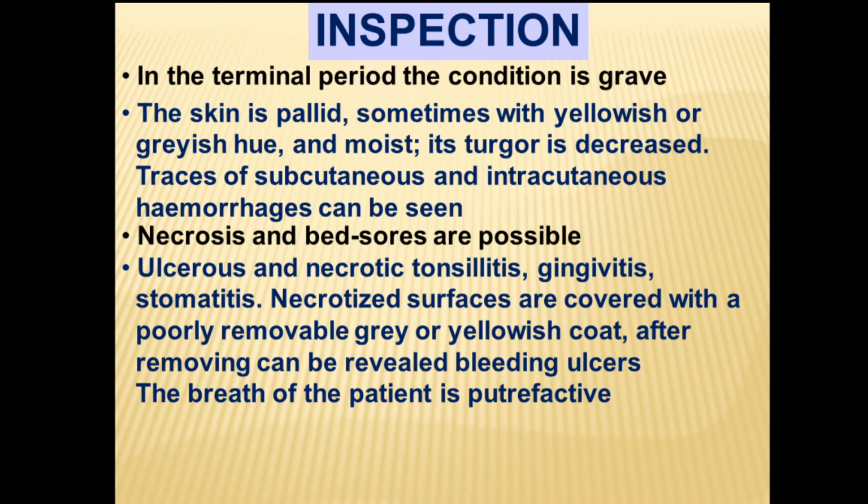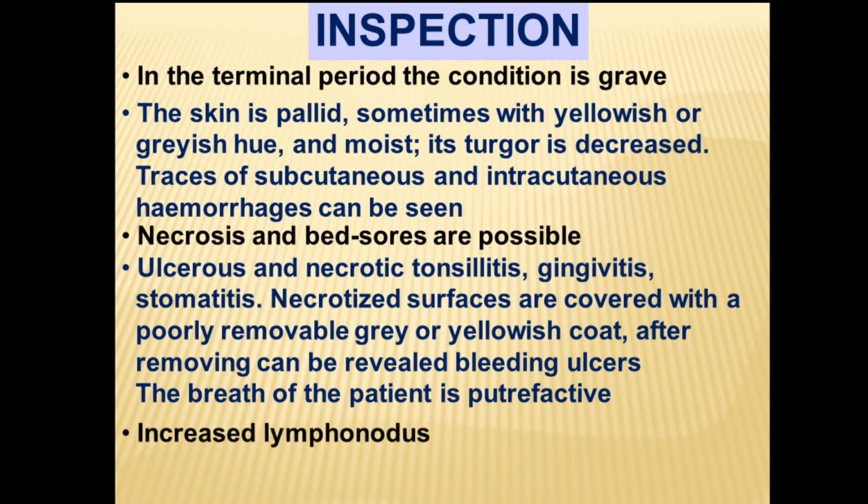The patient is predisposed to ulcerous and necrotic tonsillitis, gingivitis, stomatitis. As a result, there will be a specific unpleasant odor from the mouth. When we examine the tonsils, they are covered with a poorly removable gray or yellowish coat, which helps the doctor differentiate from usual inflamed tonsillitis.